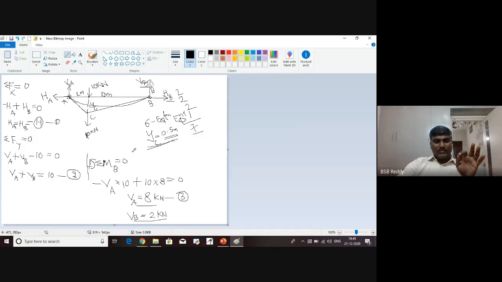You know the condition that on the cable at any point bending moment is 0. So I select C. Okay. So I apply moment at C is equal to 0. Got it? So you are taking a section at C. Sum of all moments either to the left or to the right is equal to 0. Remember, this is different and this is different.